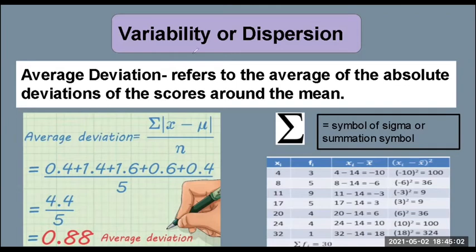But if you observe, negative 10 plus positive 10 will be 0. Negative 6 plus positive 6 will also be 0. If you add negative 3 plus positive 3, then you also have 0. So the one that is left is 18.